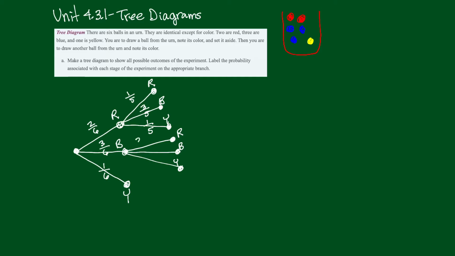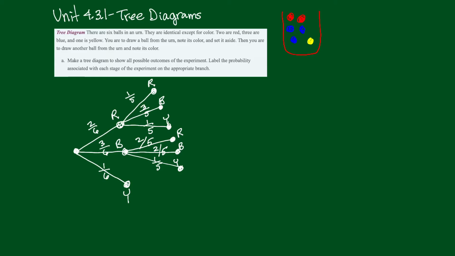Reds: how many reds? There's 2 reds out of 5. Now there's only 2 blues out of 5, and there's 1 yellow out of 5, right? We got a blue on the first, we took that out. So what's the probability of getting a red? Well, there's still 2 reds in there and 5 balls left because we took 1 out.